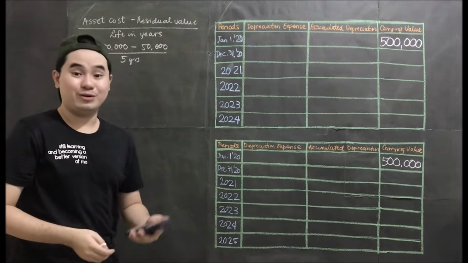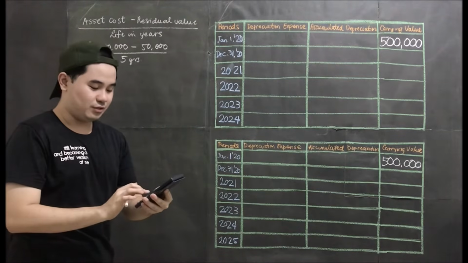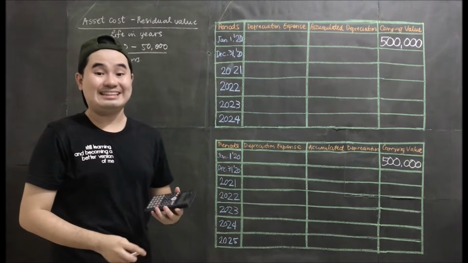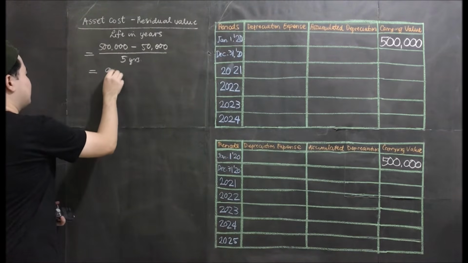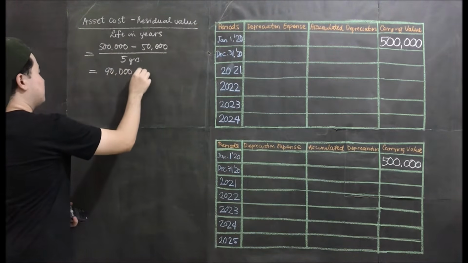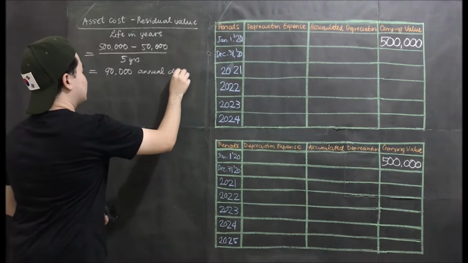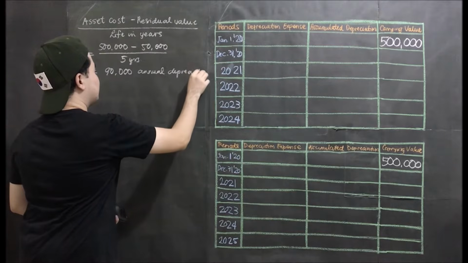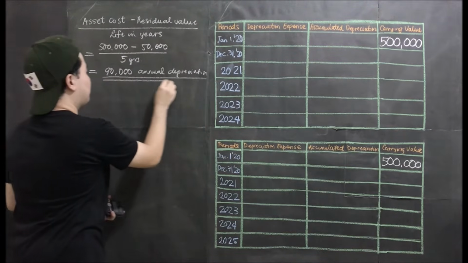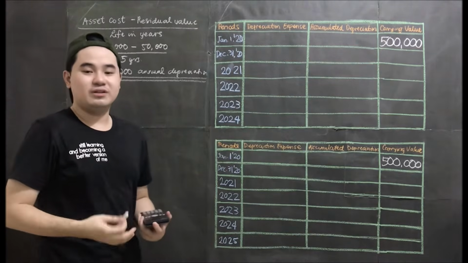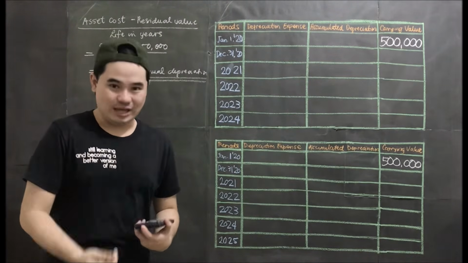The depreciable amount is 450,000. Then we divide it by 5 years. So it gives you 90,000 annual depreciation. So each year, the value of the asset will decline by 90,000.